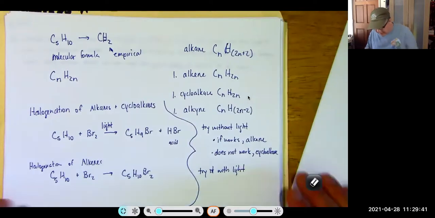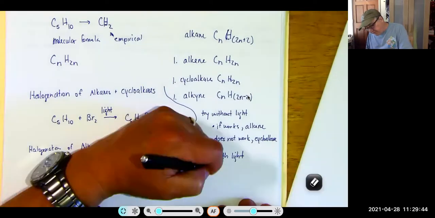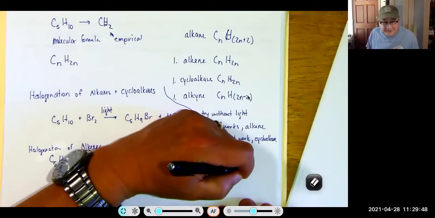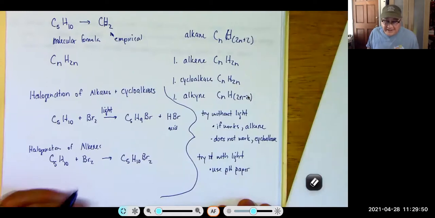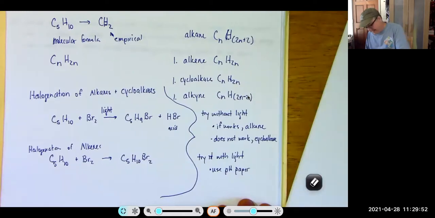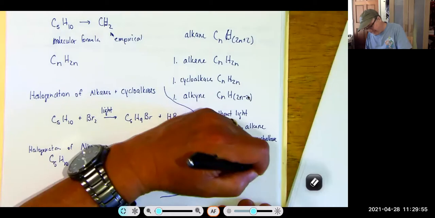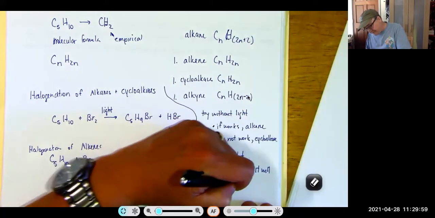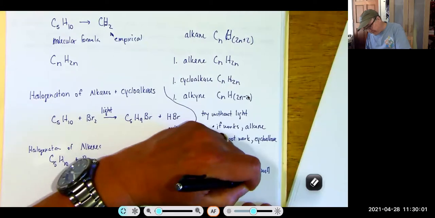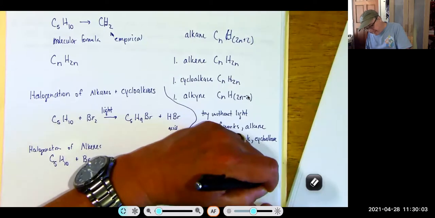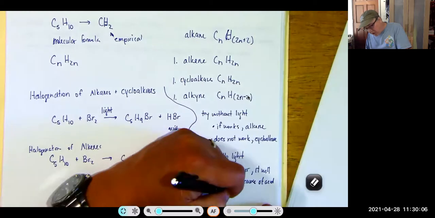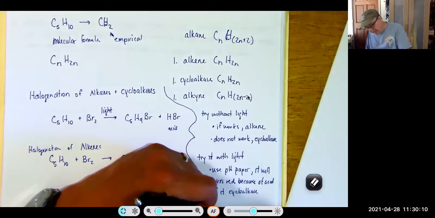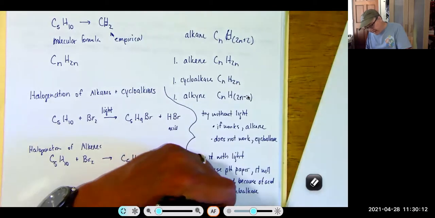So how are you going to tell the difference? Use pH paper. It'll turn red because of the acid if it's a cycloalkane, and no red if it's an alkene.